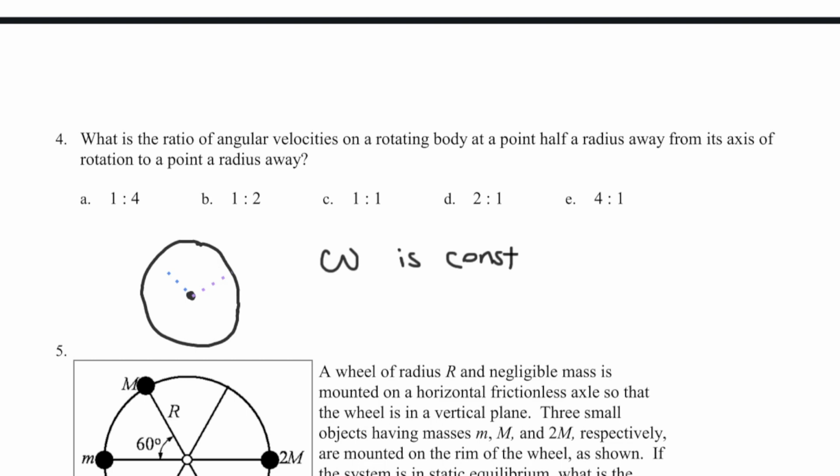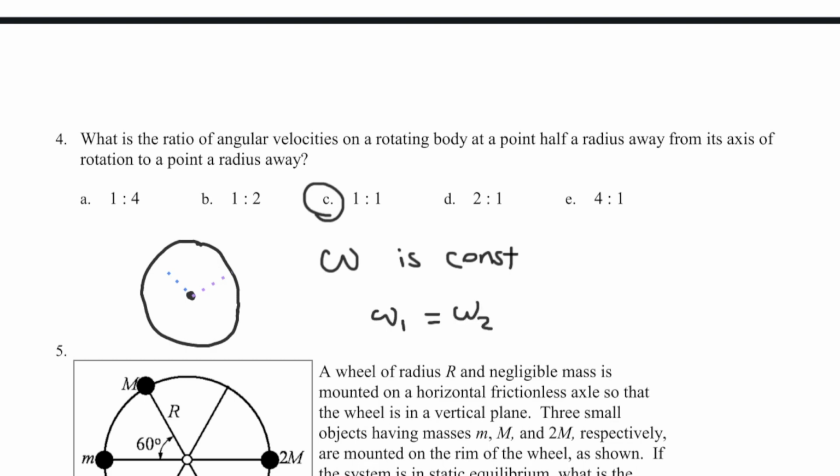That's what it means for this body to have angular velocity. Every point on this body is completing a revolution in the same amount of time. So it's actually just equal, which is c. So the omegas are equal.